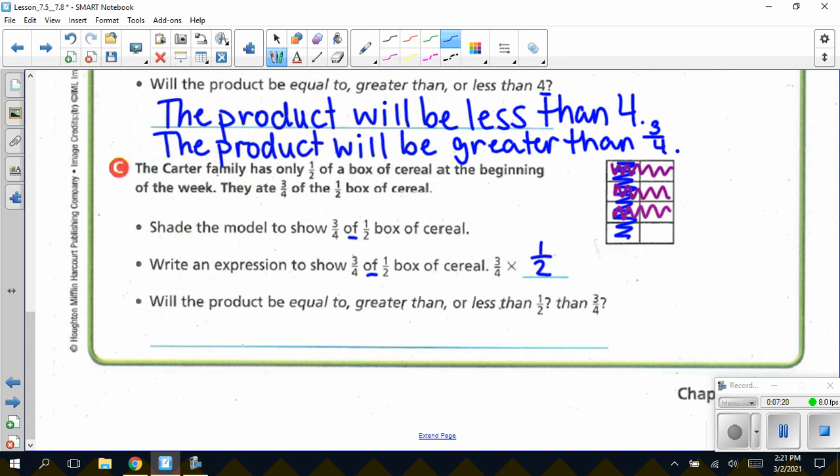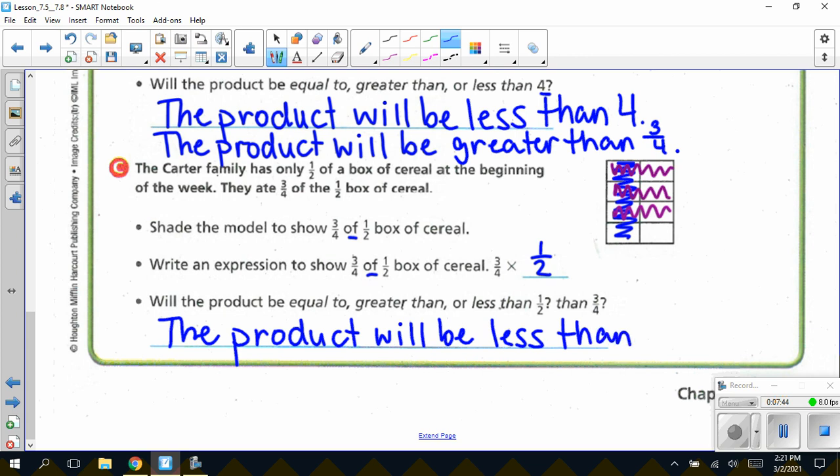And then also for the 3/4. Well, I know that when I multiply two fractions together and both fractions are less than 1, the product will be less than both factors.